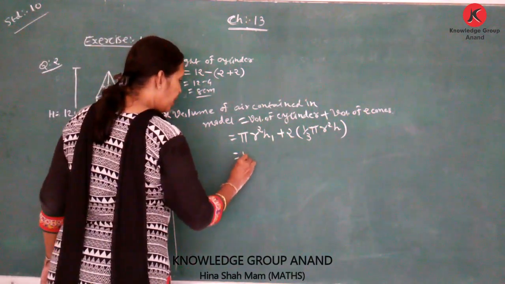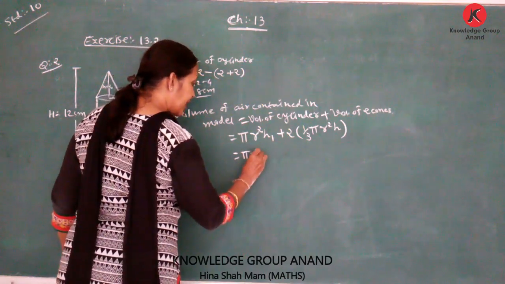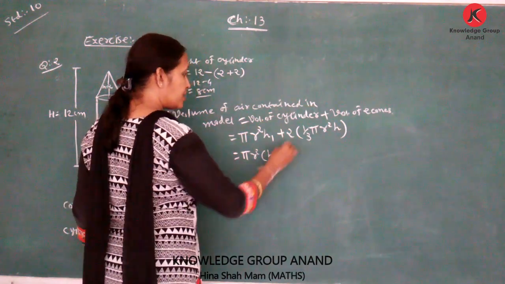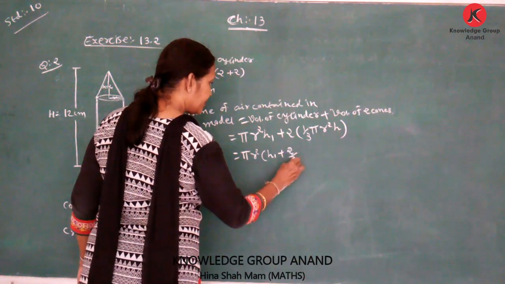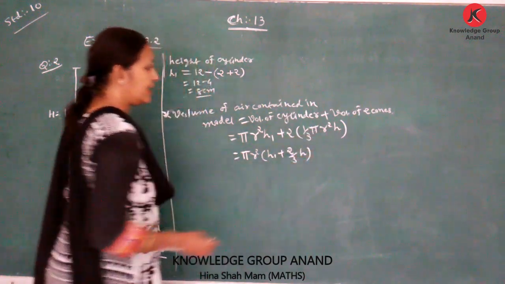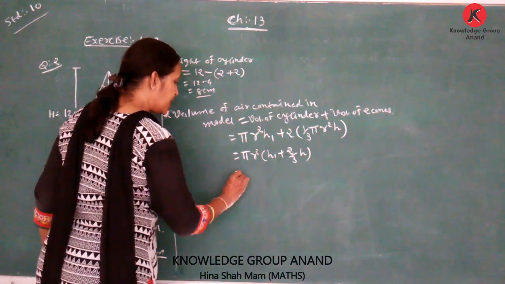Now pi r square is common, so we write h1 plus 2 by 3 h. Now simplify these terms.